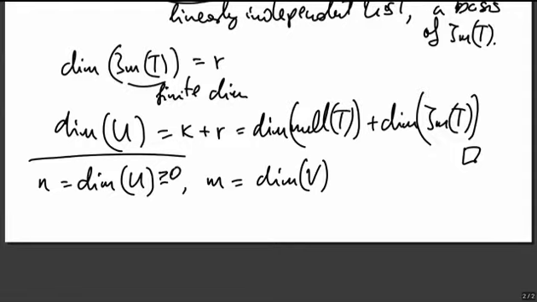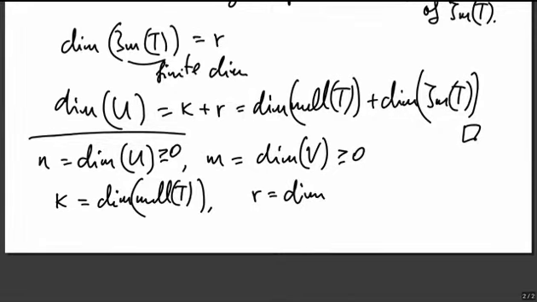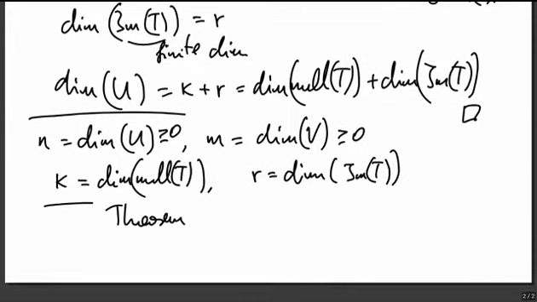All these are supposed to be non-negative numbers. We used the notation before: for the dimension of the null space, k was used, and for the dimension of the image, we used the letter r. So the theorem, Theorem 4.2.2, said that n equals k plus r.